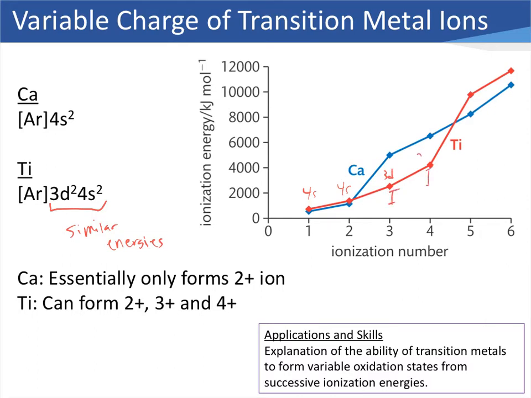And then there's another 3d electron before there's finally a large jump up to a 3p electron. Calcium, on the other hand, if I remove calcium's 4s electrons, the large jump occurs for that third electron, which is a 3p electron. So calcium forms 2 plus. But because titanium has relatively similar small jumps in ionization energy, titanium can form 2 plus, 3 plus, and 4 plus oxidation states because of the close successive ionization energies.